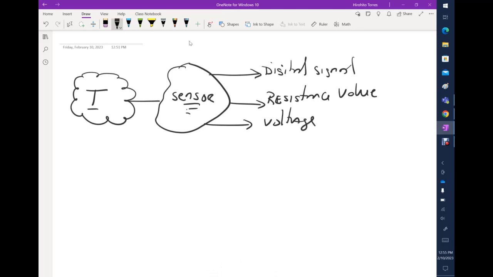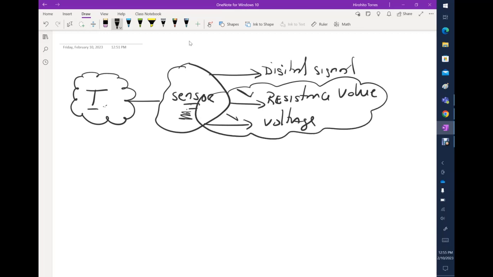Something the sensor is measuring causes the resistance of the sensor to change according to the temperature, might be linear, might be not linear, or the voltage changes. So in most cases, when you are dealing with Arduino, you have these two cases to deal with.